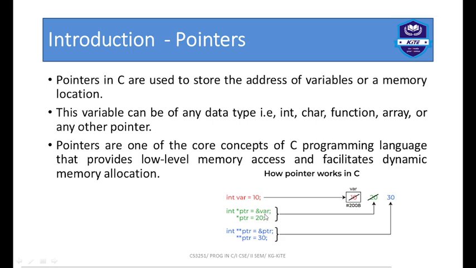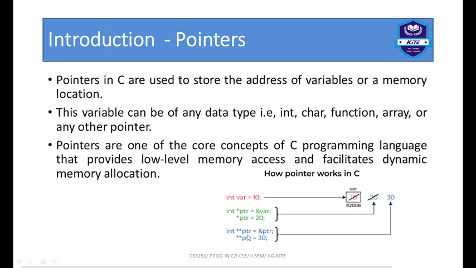This variable ptr is holding the address of var. Now we are changing the value at this pointer. In ptr we have the address of var. At this address we are changing the value, and hence the 10 will be replaced with 20.